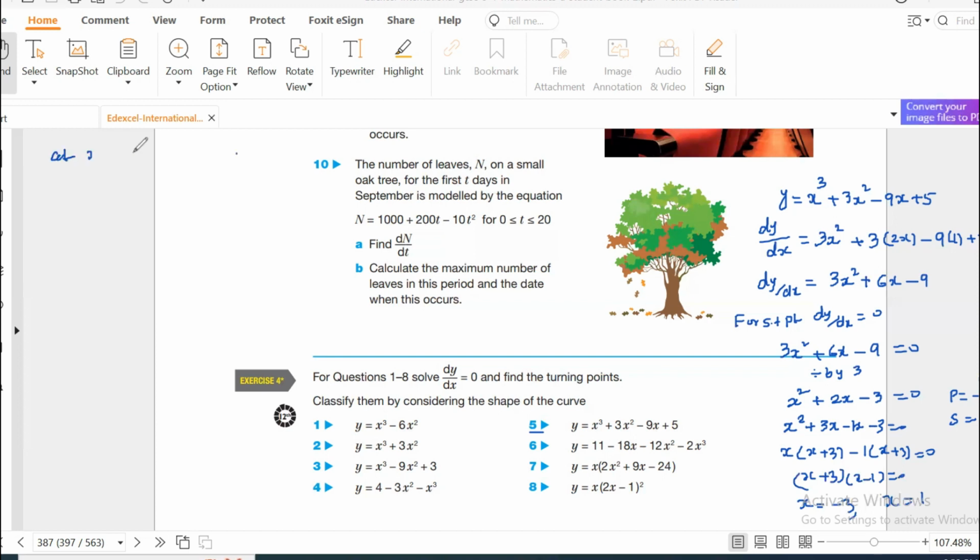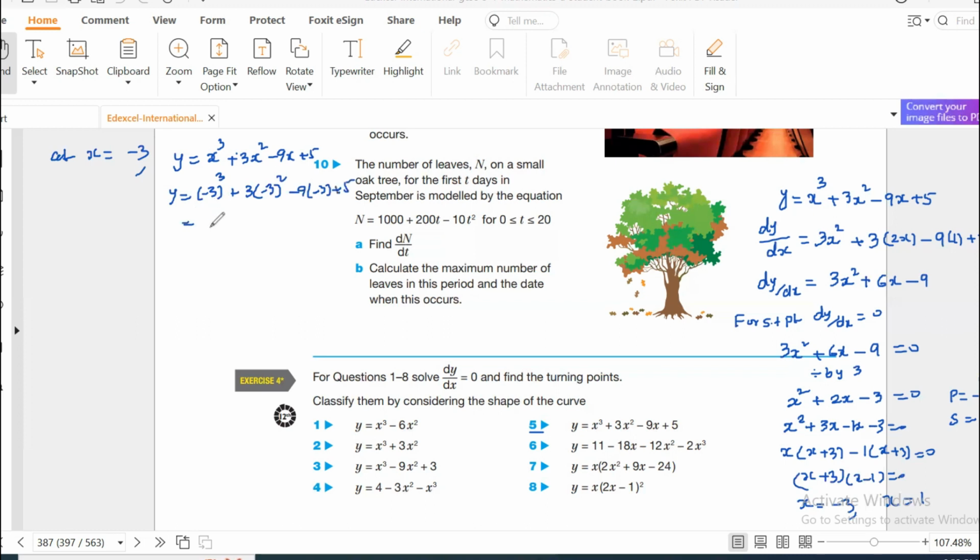At x is equal to minus 3, what is the y equation? x cubed plus 3x squared minus 9x plus 5. So if I replace minus 3 in this equation or curve, it would be minus 3 cubed plus 3 times minus 3 whole squared minus 9 into minus 3 plus 5.